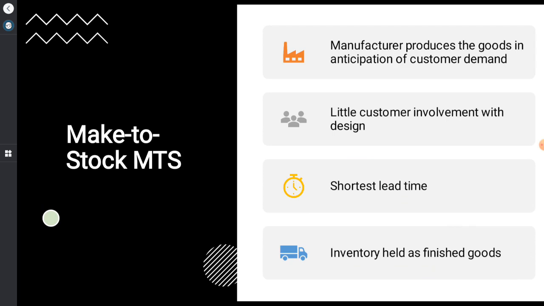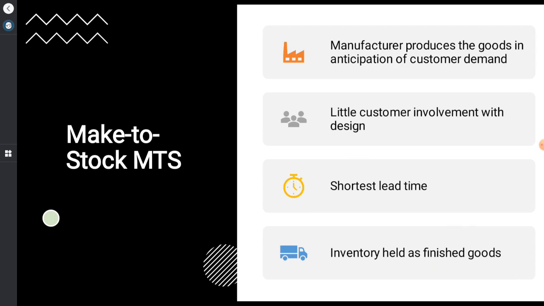So we use any of the forecasting techniques you already studied in your operations course in the second grade, to be able to anticipate the volume of customer demand for the next period, say for example for the coming year. And according to this forecast, you start to produce this amount and make it ready for your consumers.